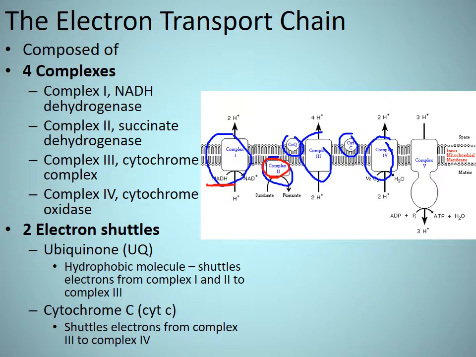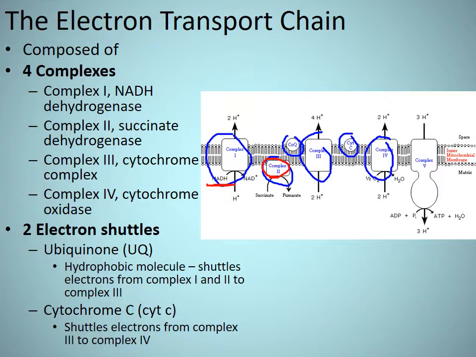Notice how complex 2 is a peripheral protein. It is not an integral protein. Complex 1 is an integral protein. So when you see the integral proteins here, you're going to see a movement of hydrogen ions into the intermembrane space as a result of electron transfer from NADH to complex 1.